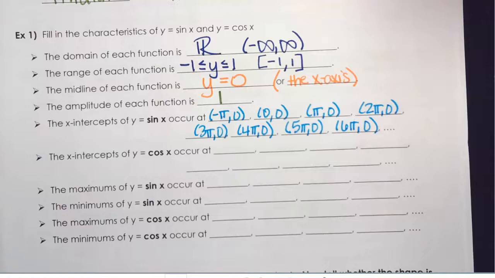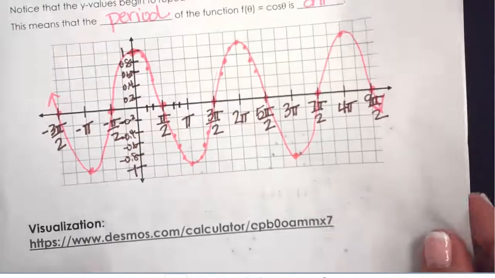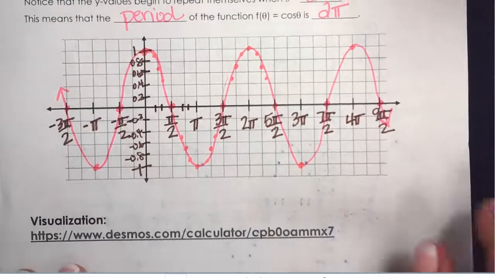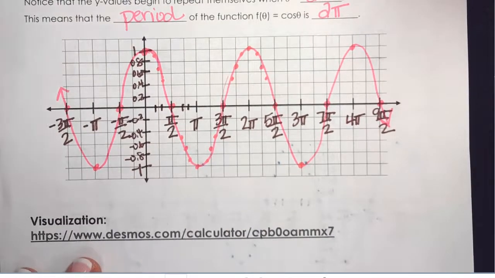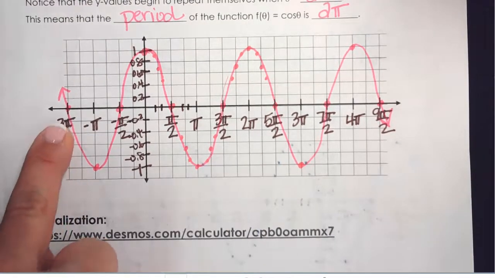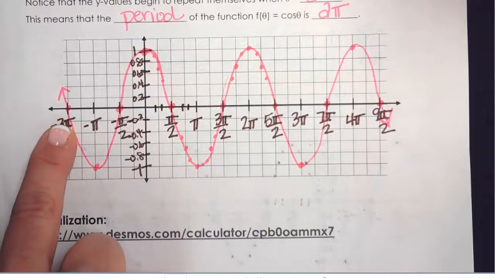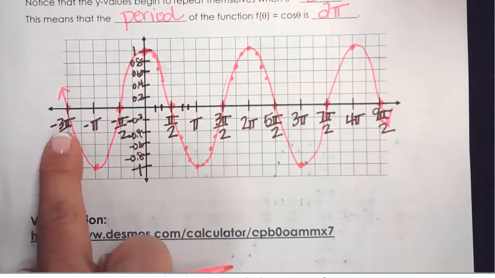Now, are the x-intercepts of y equals cosine theta the same? Let's look. Where's the first x-intercept that we saw in our graph here? Negative 3 pi over 2. By the way, is that the farthest left x-intercept that exists, or are there other ones? There are other ones, but we'll start there.